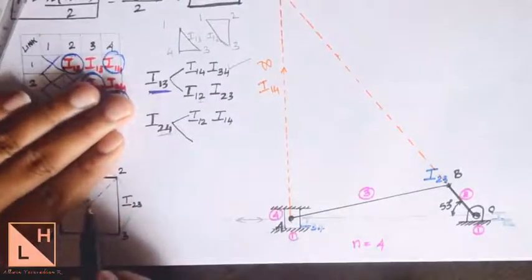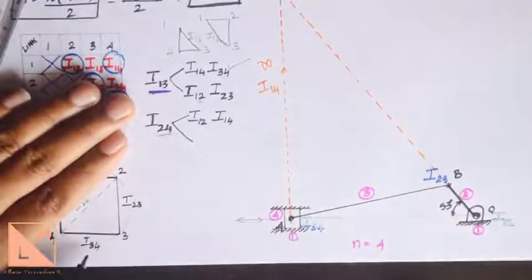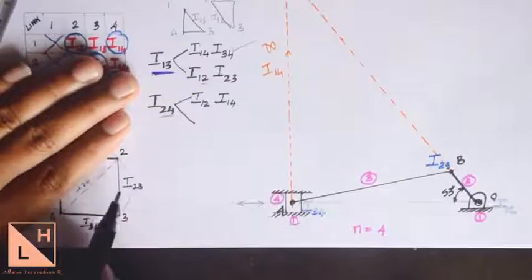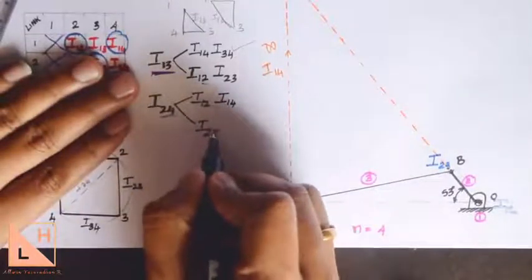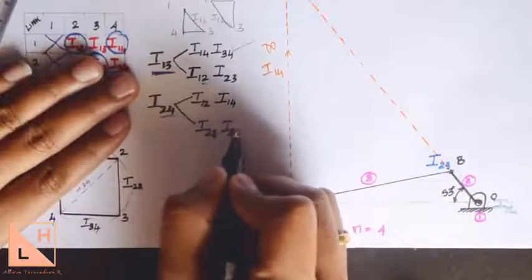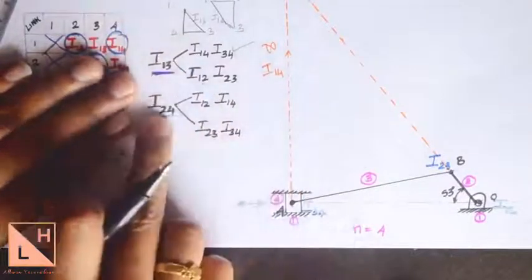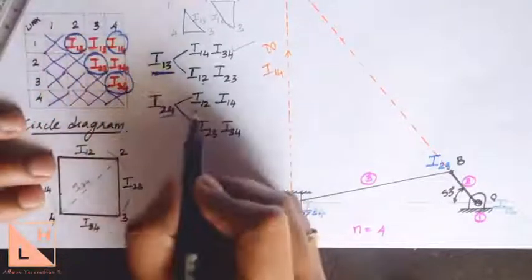If you want I24, find the points I23 and I34 in order to get the line. Join this line which is formed by I23 and I34. When you connect these two lines, where they intersect will be the instantaneous center I24. Okay, so let us do it one by one.